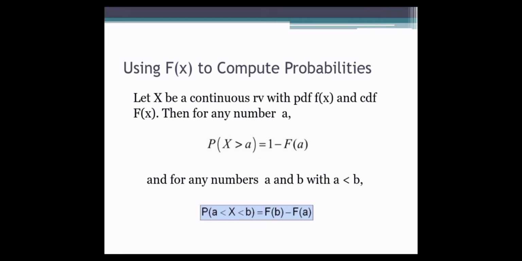For any numbers a and b with a less than b, the probability a less than x less than b is equal to F of b minus F of a.